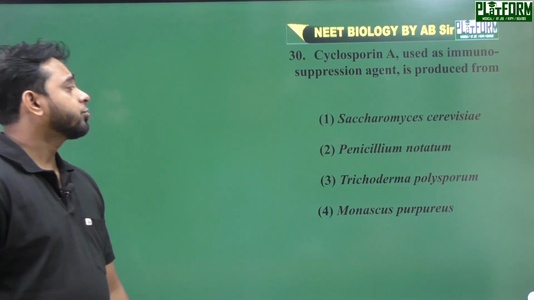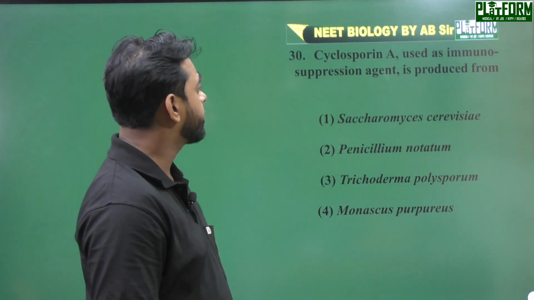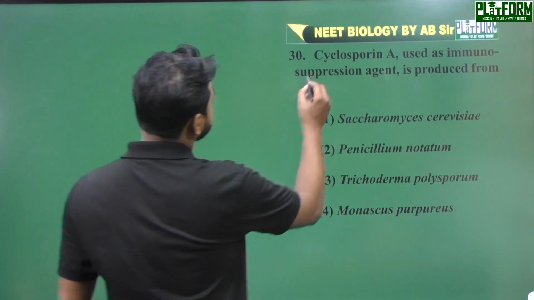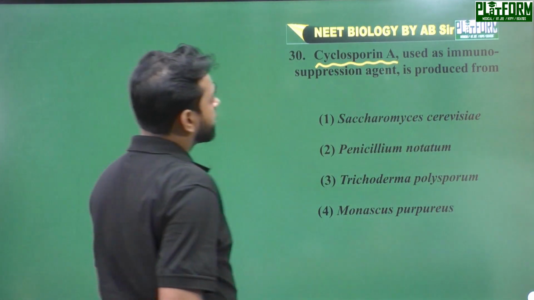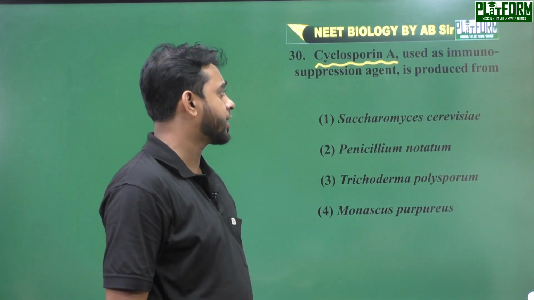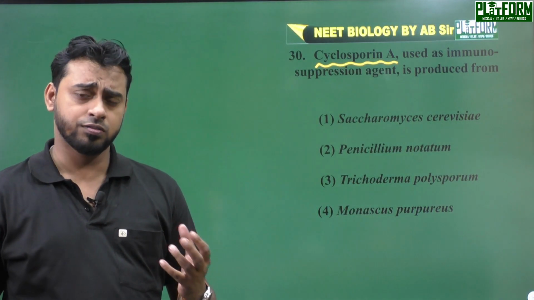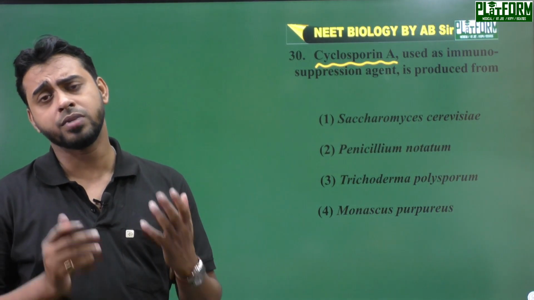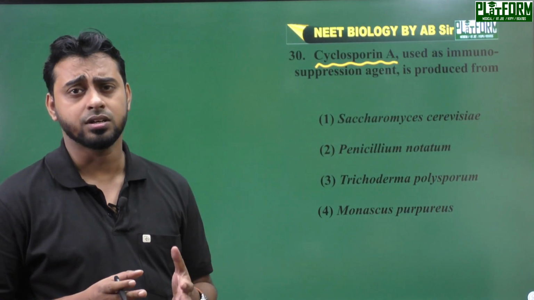Okay. So, this is the next question where it is written that cyclosporin A, used as an immunosuppressive agent, is produced from. Cyclosporin A is very often used as a medicine which is involved in the immunosuppression. Fine.